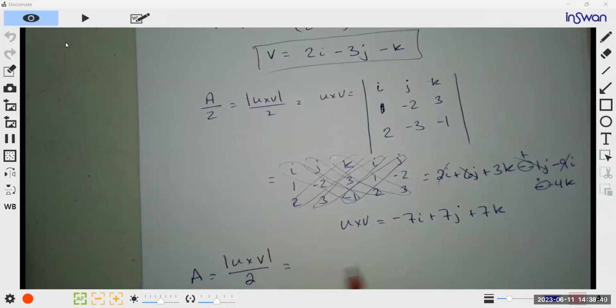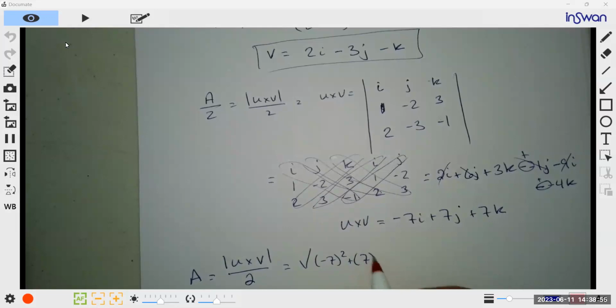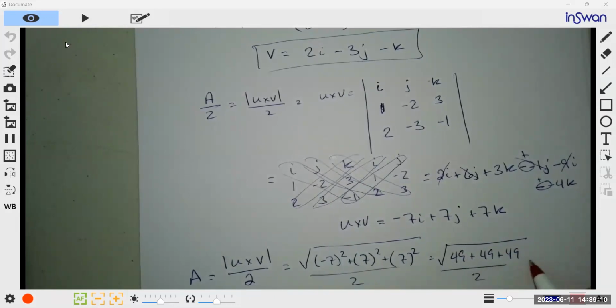That's for the area. 49 plus 49 plus 49, 147/2.